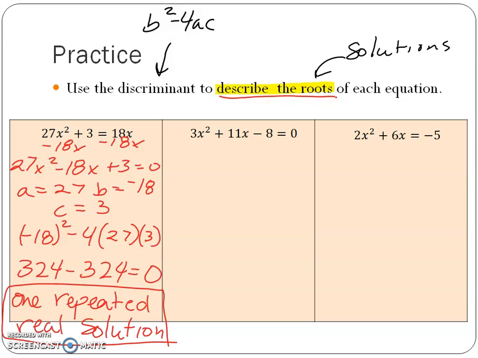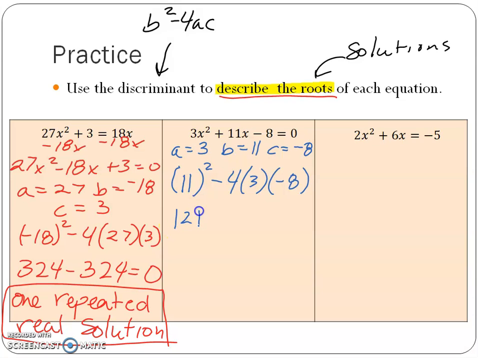Next one. It's already equal to 0 for me, so I'm ready to go. My a is 3, my b is 11, my c is negative 8. So I'm going to plug that in. b squared, 11 squared, minus 4 times a, which is 3, times c, which is negative 8. I've got 121. And then a minus 4 and a 3 gives me a negative 12.